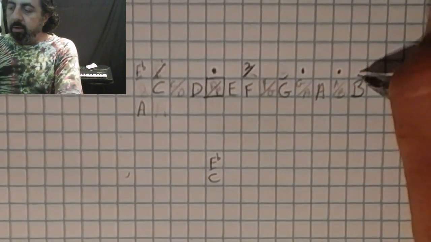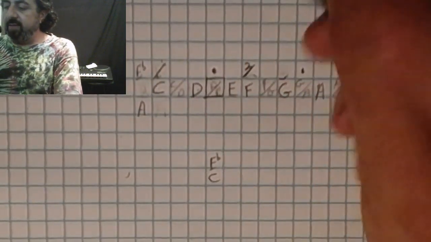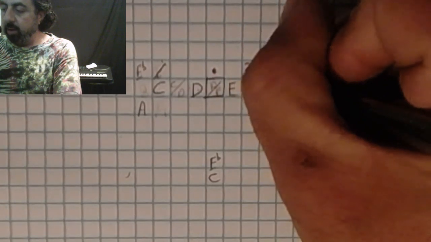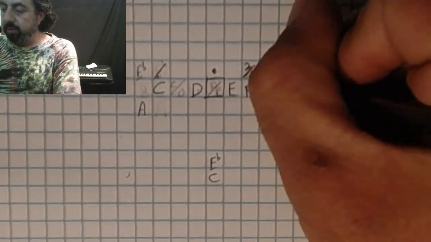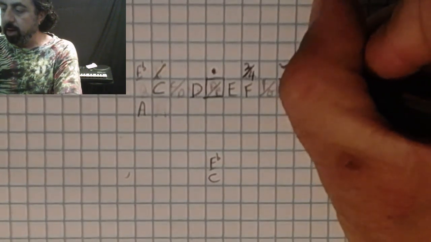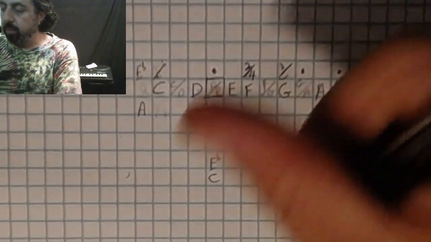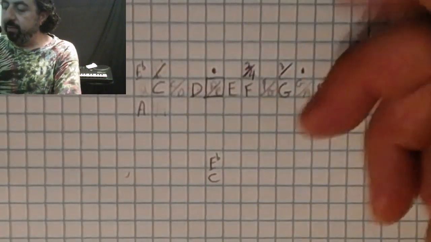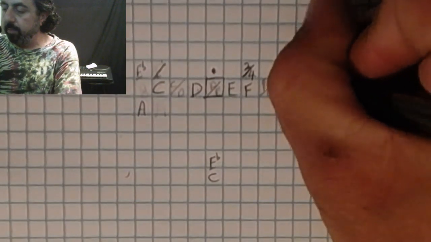So, my friends, we've got the C here. So this is the 2 of our E flat scale, and it is the 4 of our C scale. And so this is going to be the 3, and it's also going to be the 5 of our original scale.